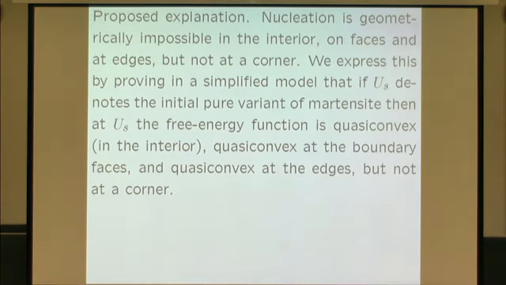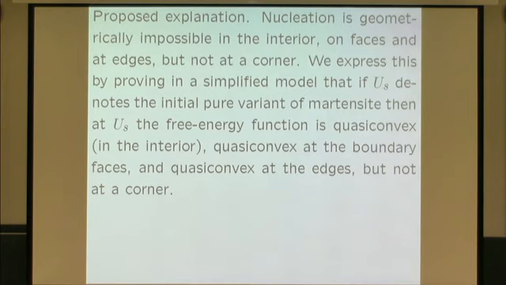So anyway, this is our proposed explanation for nucleation. So it's geometry again. It's just not possible to nucleate in the interior or on a face or on an edge, because you can't geometrically match the new low temperature phase with the old one.